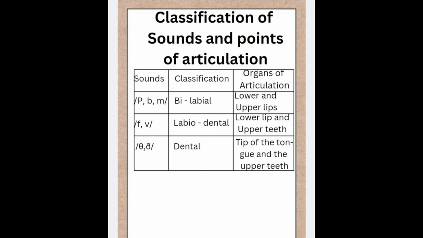These are classified as palatoalveolar. That is, the tip of the tongue, the alveolar ridge, the central part of the tongue, and the hard palate are involved in the articulation of these sounds.